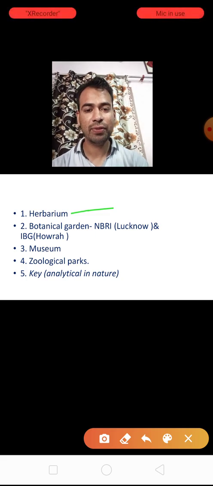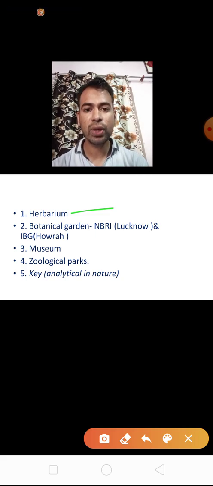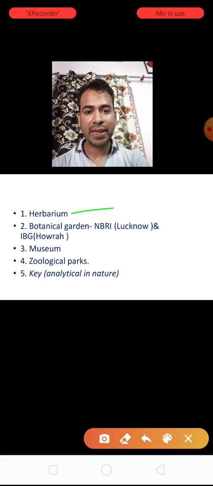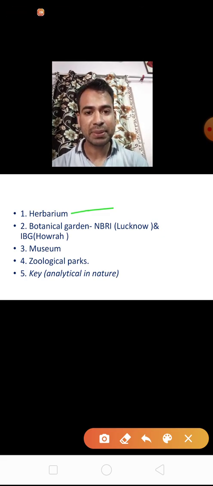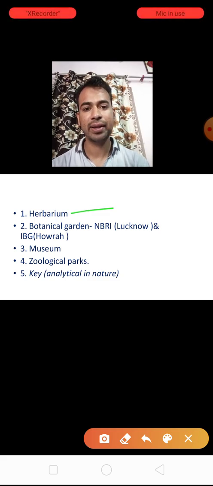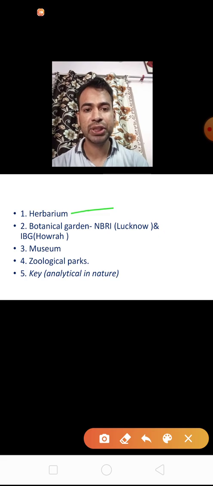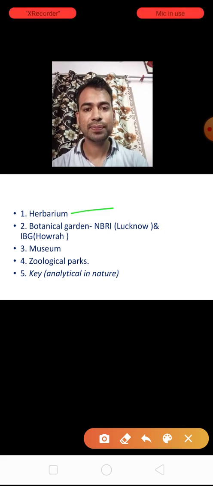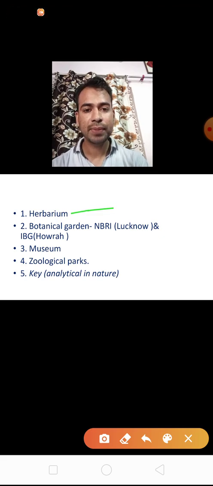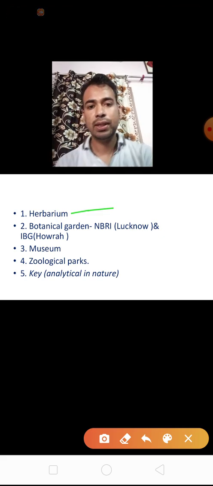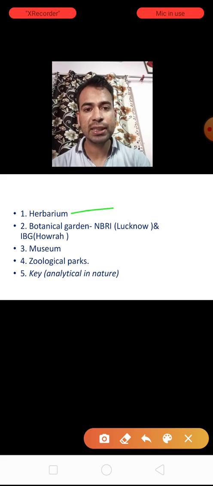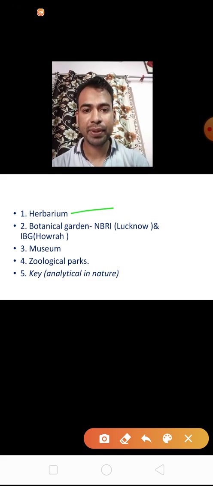A herbarium is a storehouse where pressed plant species are kept on sheets, like FRI, Forest Research Institute in Dehradun. You must have gone there, I think. So in a herbarium, the plant specimens are kept on sheets.